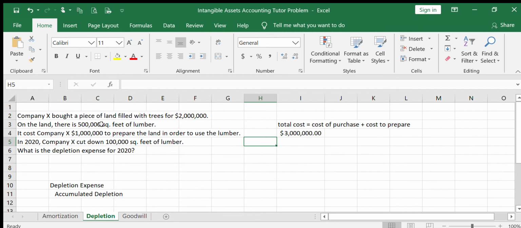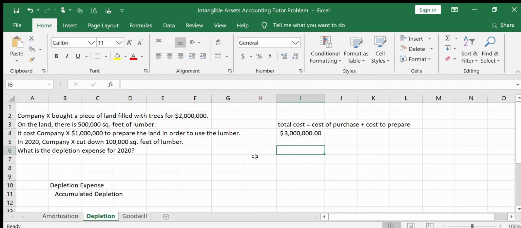So there's 500,000 square feet of lumber in this land. So we got this big plot of land that has a ton of trees on it. What we need to figure out is how much of that land, what percent, did we deplete during the year 2020 when we took 100,000 square feet of lumber off of the land.